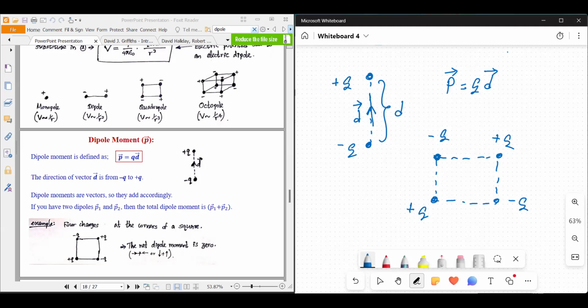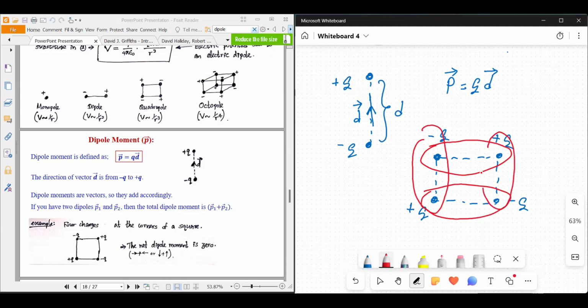Okay. Yes, so there are 4 electric dipoles we can identify, with this plus Q and minus Q here, and then with this plus Q and minus Q here, then if I take this plus Q another dipole, and this plus minus another dipole. So when we are calculating the total dipole moment, we need to consider vector format.